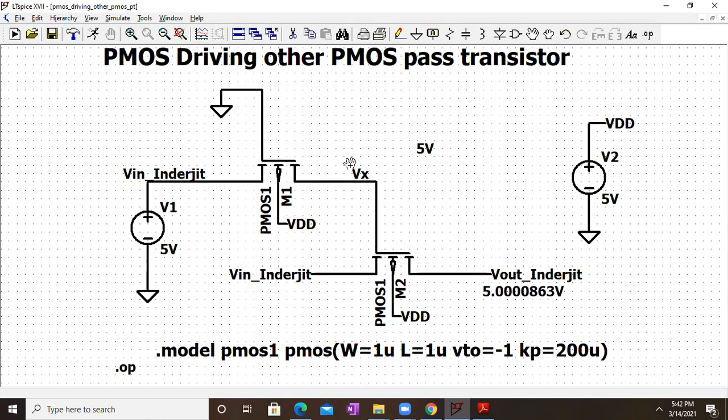So there is no doubt in the first case that Vin is 5 volt, that is logic 1, so the output of the PMOS transistor Vx also will be 5 volt. Now this 5 volt is given to the gate of the second PMOS transistor, and whenever we apply 5 volt to the gate of a PMOS transistor, that transistor is off.